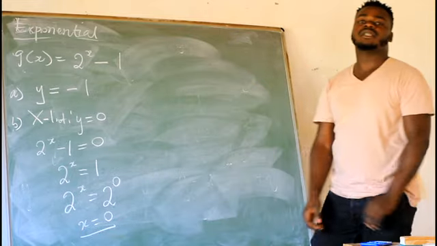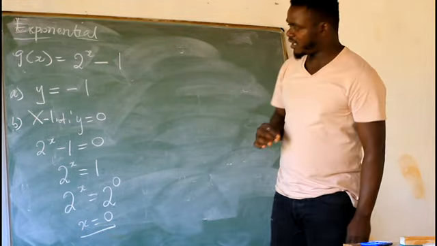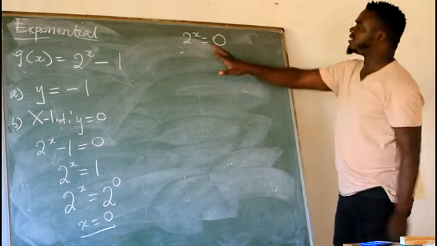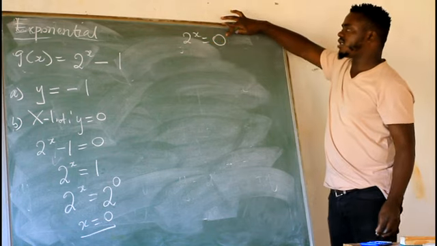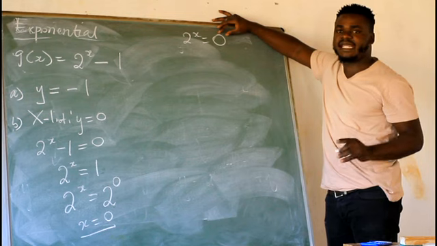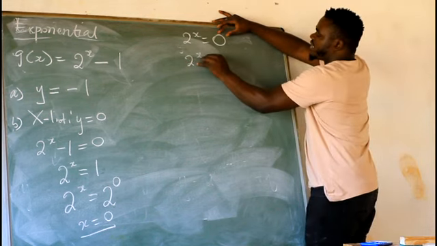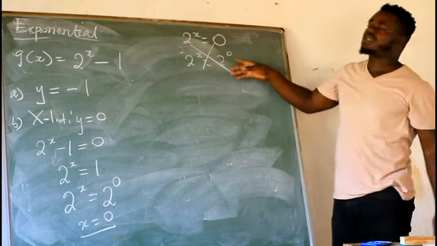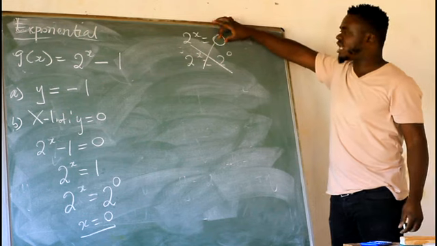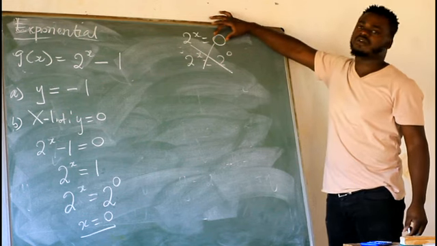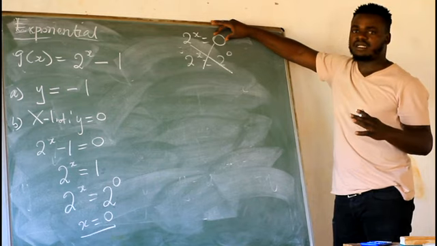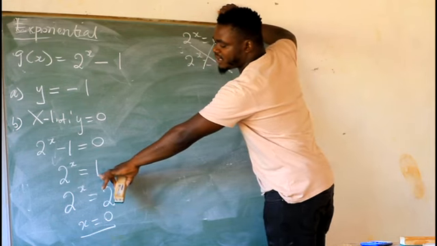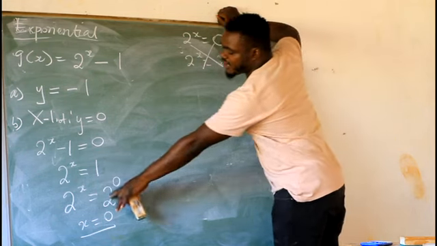That is how we equate the exponents. Guys, you must always remember: 2 to the exponent x equals 1 gives x equals 0. Never attempt to write 2 to the exponent x equals 2 to the positive. This one is incorrect. If 2 to the exponent x equals 0, you don't have a solution. It's undefined altogether. This law only applies whenever we have 1, because any number to the exponent 0 is what?